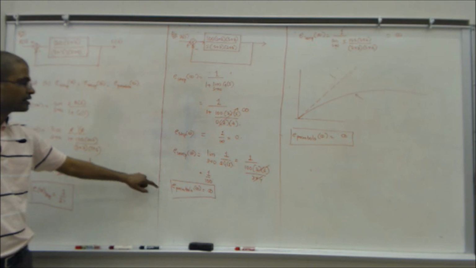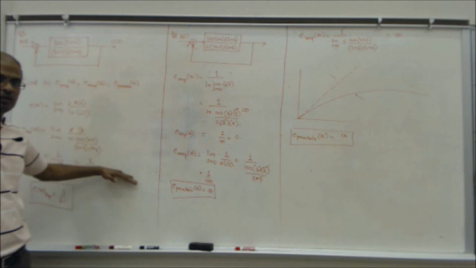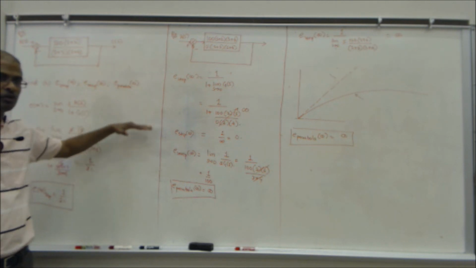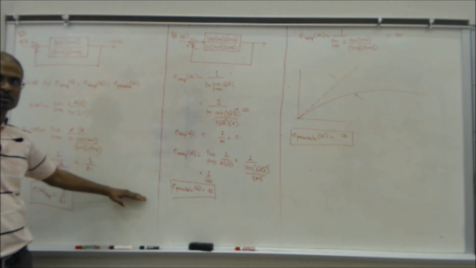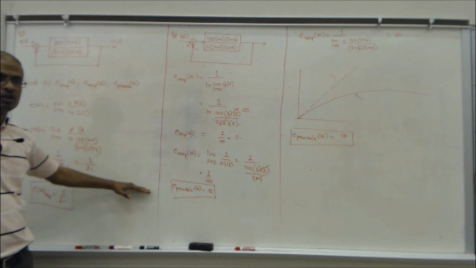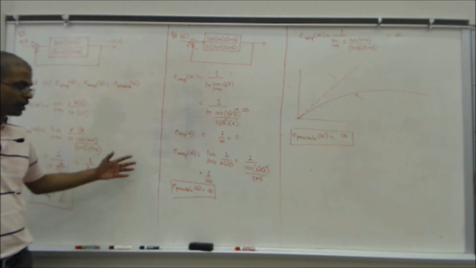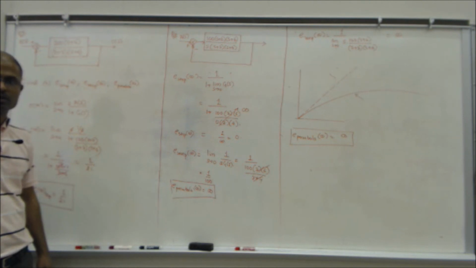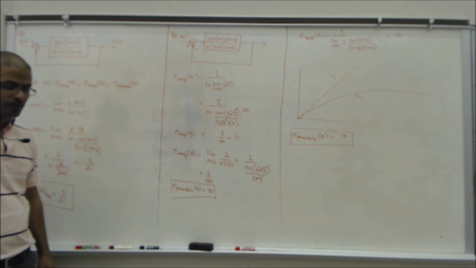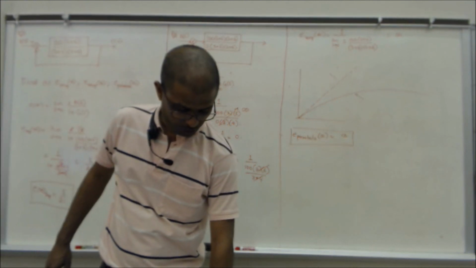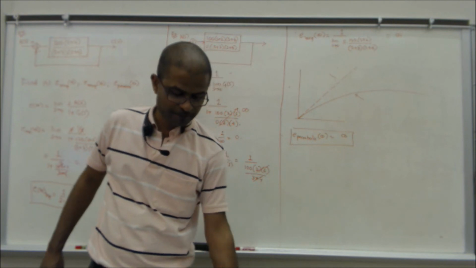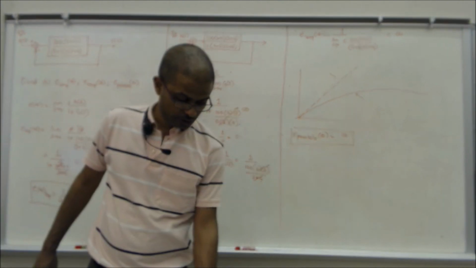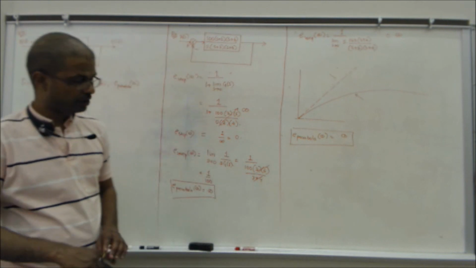So the pattern is finite, infinity, infinity; 0, finite, infinity; 0, 0, finite. These are the 3 cases which you need to remember, and you can arrive at those cases by yourself without much effort. This is section 7.2, and we'll extend this discussion in the next class. That is section 7.3.